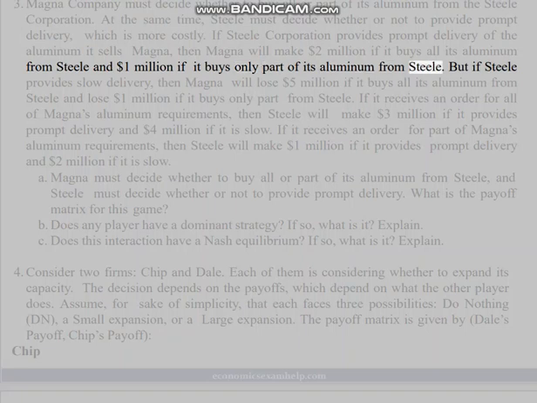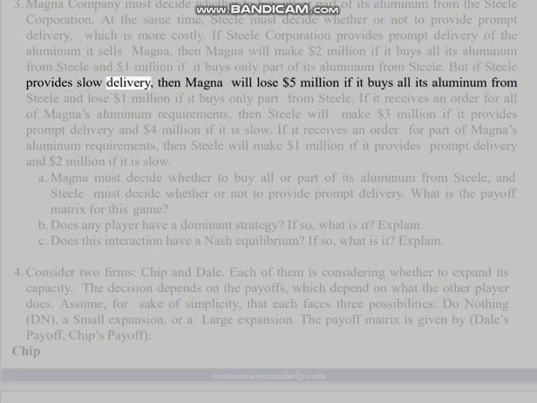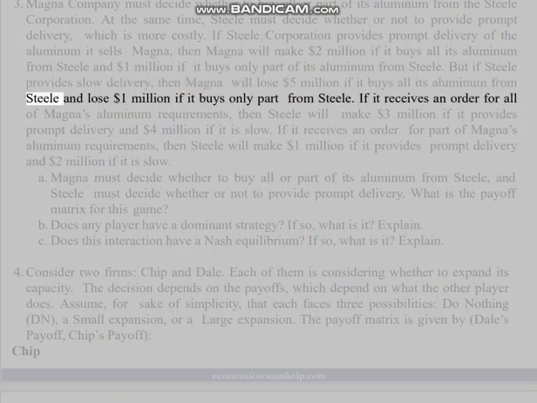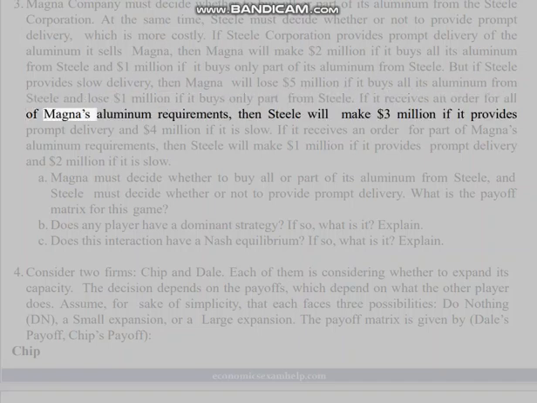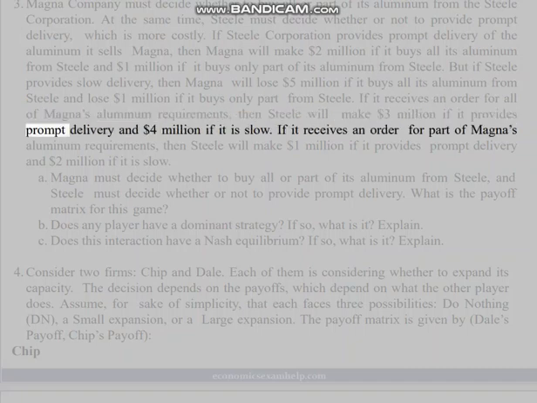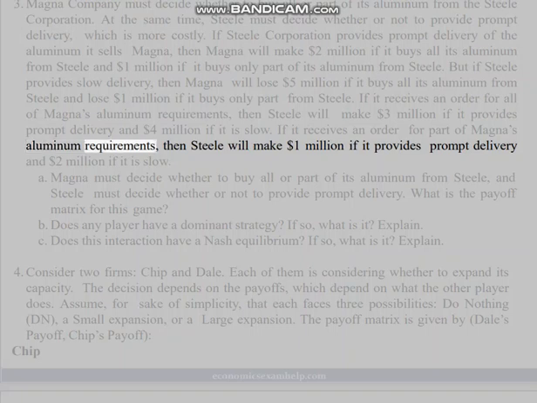But if Steel provides slow delivery, then Magna will lose $5 million if it buys all its aluminum from Steel and lose $1 million if it buys only part. If it receives an order for all of Magna's requirements, then Steel will make $3 million if it provides prompt delivery and $4 million if it is slow. If it receives an order for part, then Steel will make $1 million if prompt and $2 million if slow.